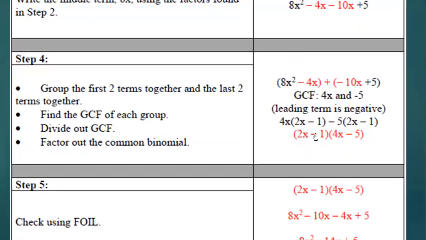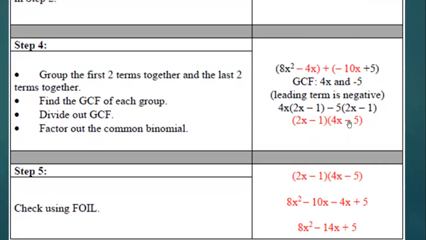You factor out the GCF, and when you do, you're left with a common binomial. That common binomial is a factor, and what's left is your other factor. 8x squared divided by 4x is 2x. Negative 4x divided by 4x is negative 1.